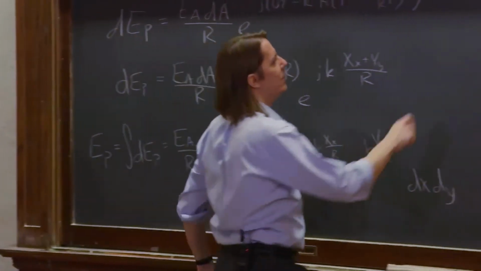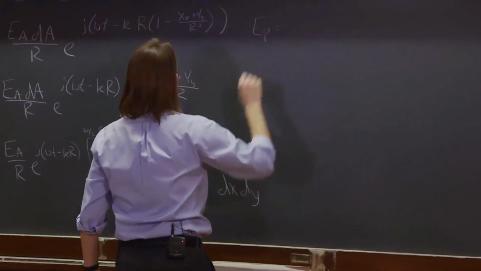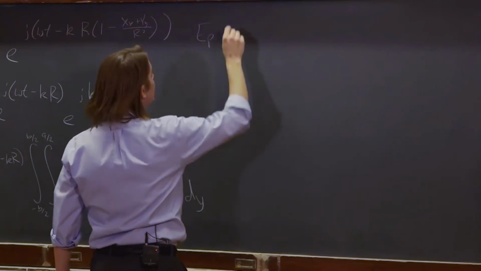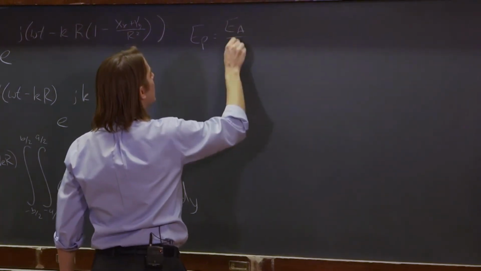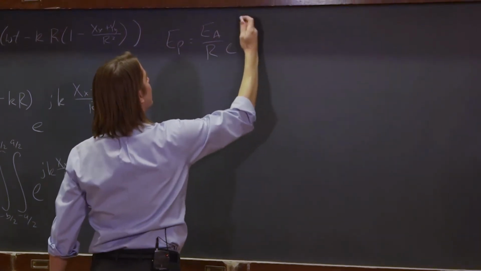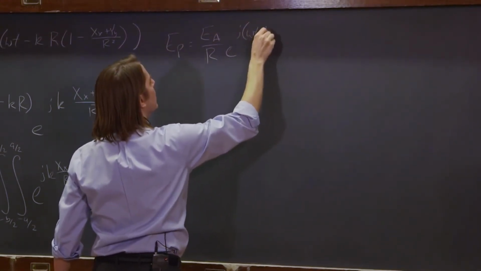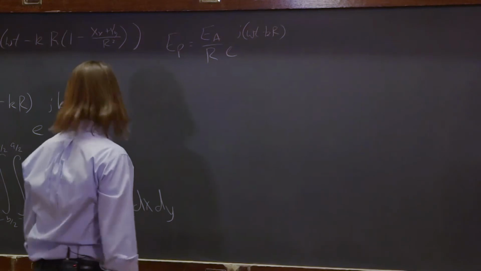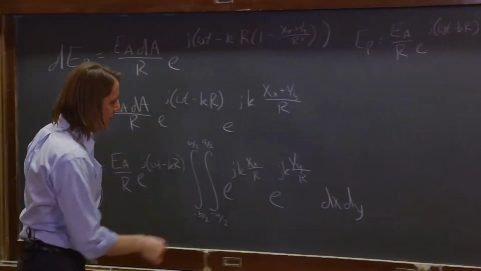So let's do that. Let's see, EP, see how far we get, is EA over r, the dA is gone, e to the j omega t minus kr. And then let's do the x integral first.